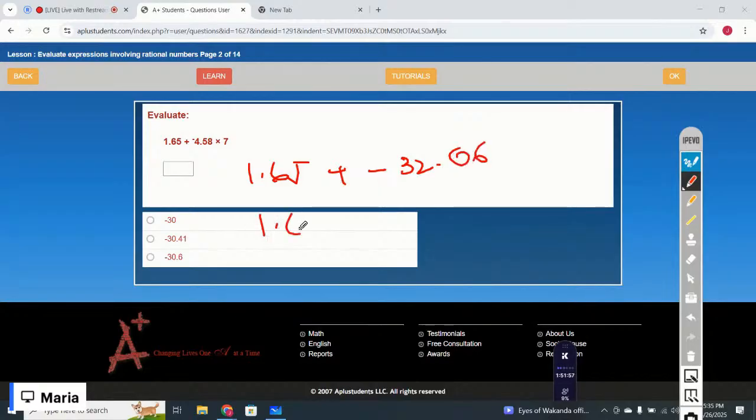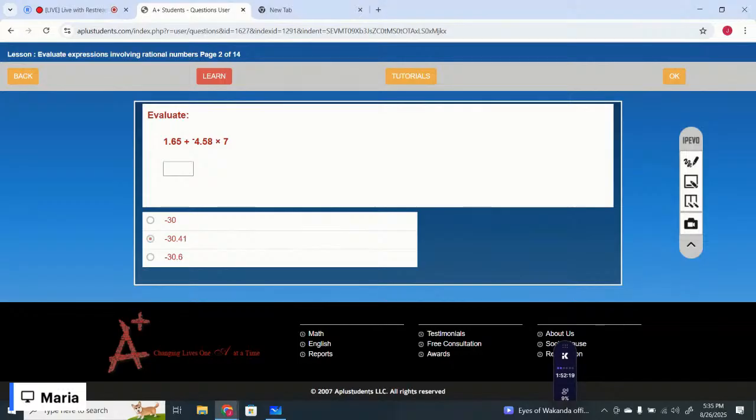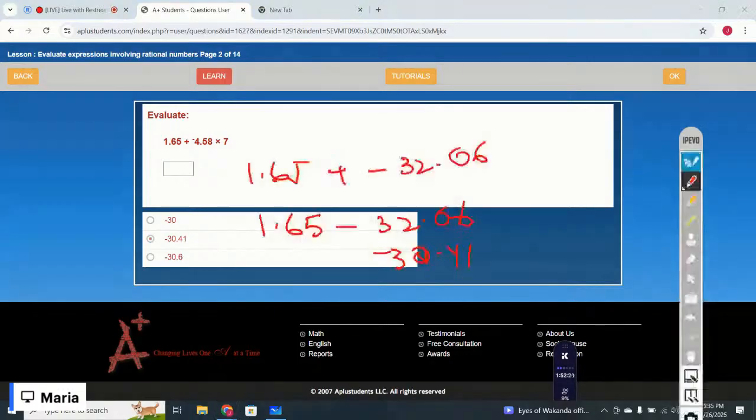Adding a negative number is the same as subtracting. So 1.65 minus 32.06, that is negative 30.41. It is option 2, the correct option. Got it? Basically, multiplication has higher priority over addition, so you need to multiply first, right?